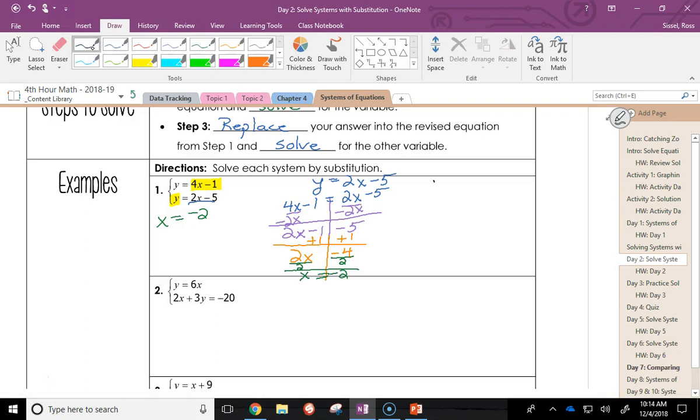So the top equation was y equals 4x minus 1. So I'm going to say y equals 4, and it's 4x. So 4 times x. And what did we say x equals? Negative 2. Negative 2. Minus 1.